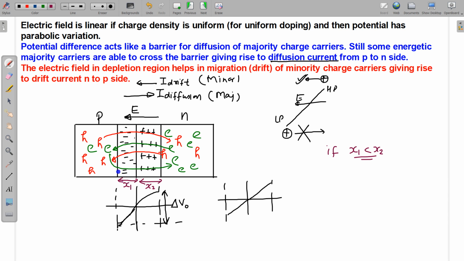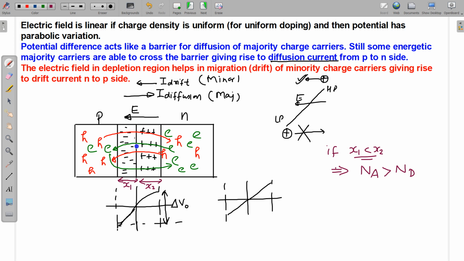So in which condition is x1 less than x2? This will be possible when the concentration of acceptor atoms Na on the P side is greater than the concentration of donor atoms on the N side. How does this condition work? Suppose we have a higher concentration of acceptor atoms.